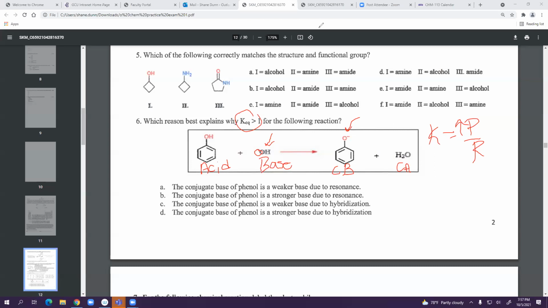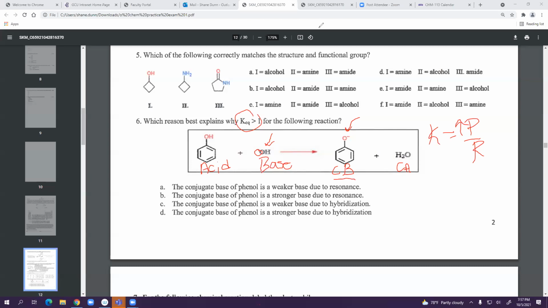And I'm looking at the conjugate base, right? So which of the following is true? Is it stronger or weaker? How do you know it's weaker? Because it's going to the product side, so that means the acid is stronger. Good.